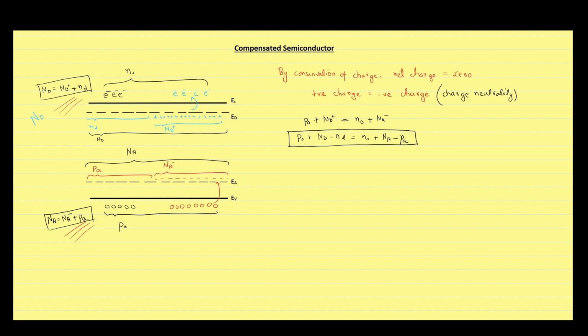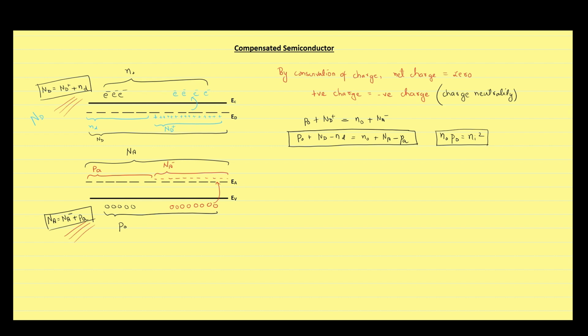And also, you know that for a non-degenerate semiconductor, we have the mass action law which says N0 into P0 is equal to Ni square. Now assume that the doping concentration, the concentration of electrons at the donor energy level, the acceptor concentration, as well as the hole concentration at the acceptor impurity level are provided, and you are asked to find the values of N0 and P0.